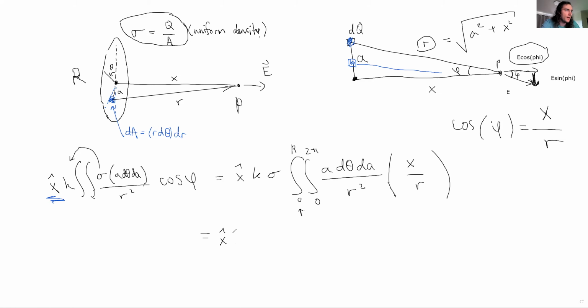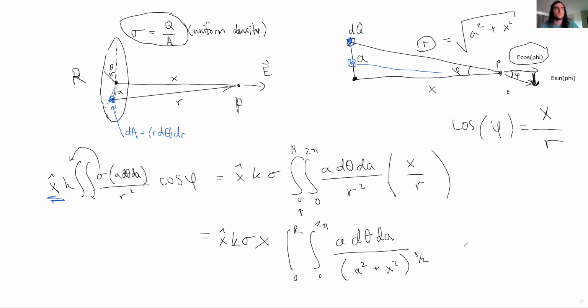We have x hat, we have k, we have sigma. We can pull out an x. What else can we pull out? We can't pull out anything else. a is a variable, theta is a variable, r has an a in it, so it's a variable. All right, double integral, 0 to R, 0 to 2 pi, a d theta dA over r cubed. What is r cubed? It's a squared plus x squared to the 3/2 power here.